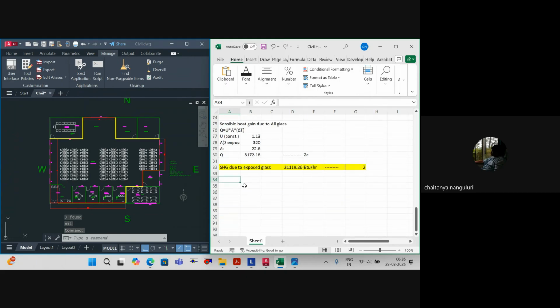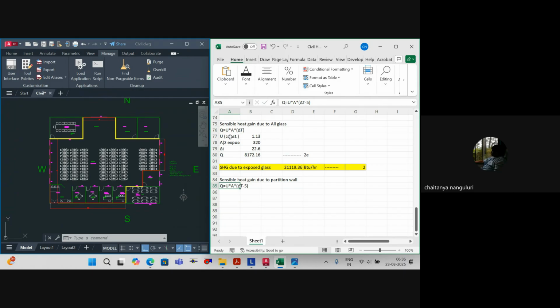So the next one is sensible heat gain due to partition wall, which is Q equals U A delta T minus 5 degrees. Remember this? I explained during the explanation why we take minus 5: compared to outside air, we consider the temperature inside the room space to be 5 degrees Fahrenheit lesser.